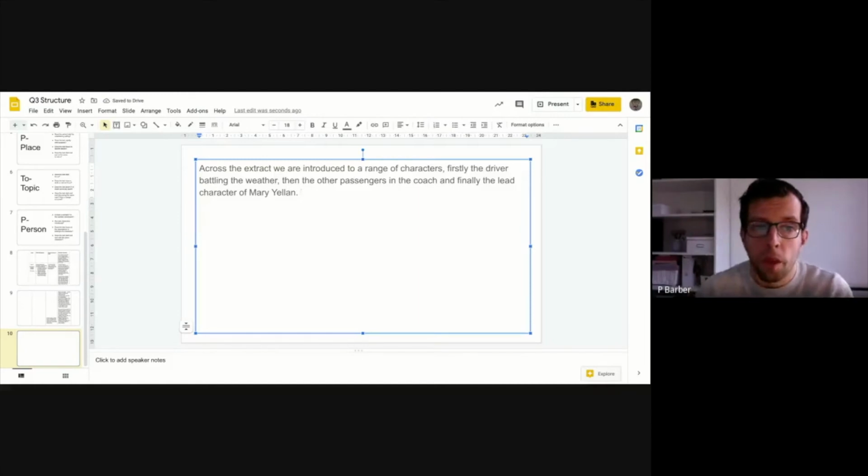So this is our point. Across the extract, we are introduced to a range of characters. Firstly, the driver battling the weather, then the other passengers in the coach, and finally the lead character of Mary Yellen. Now, we need to get some evidence in here.